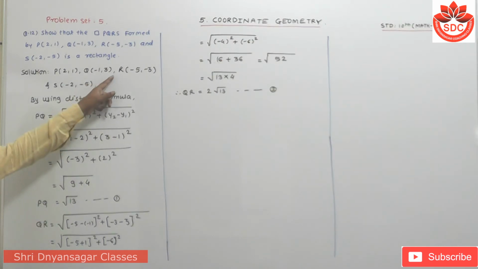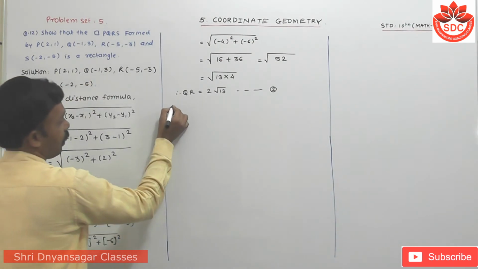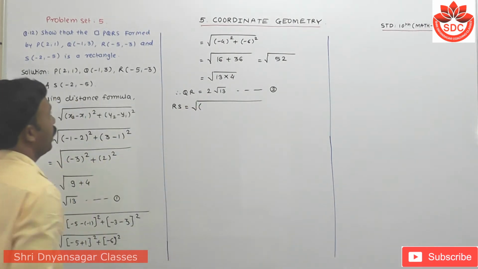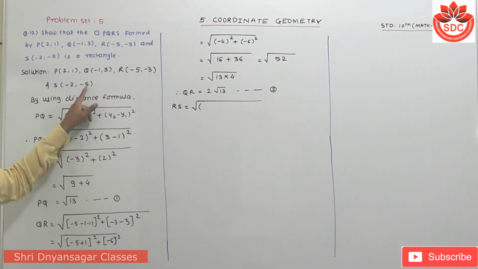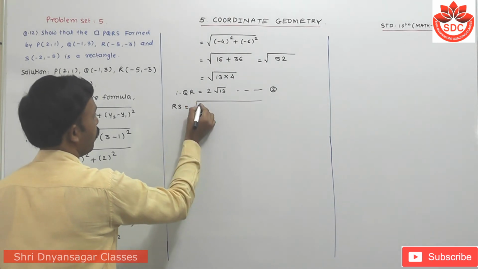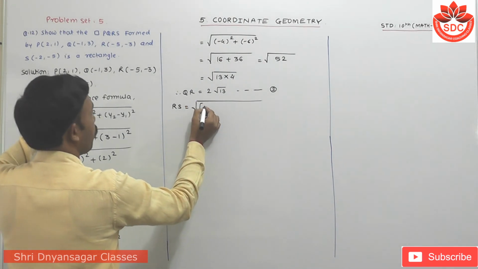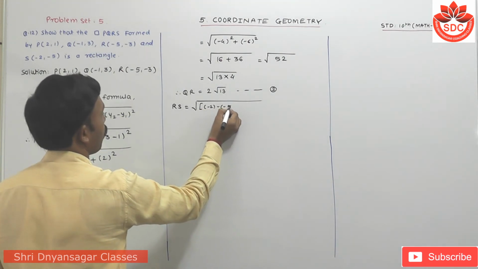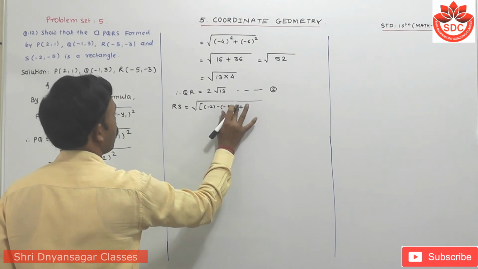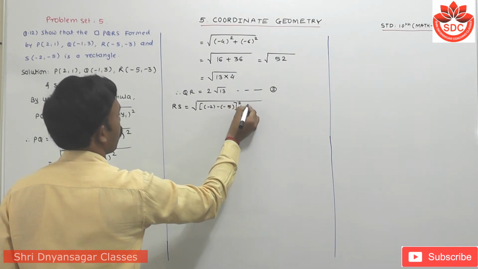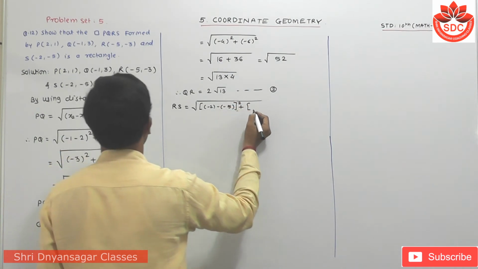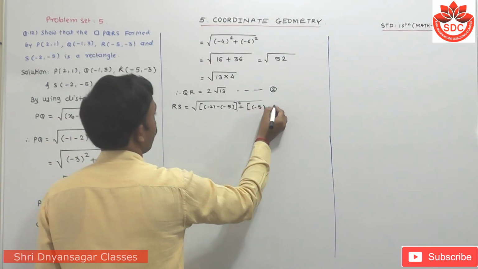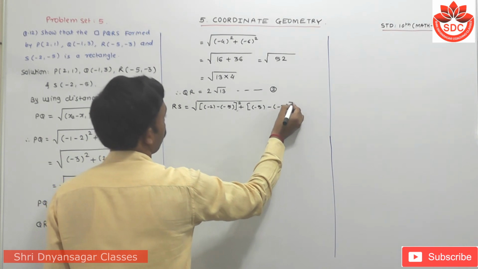Next student, we have to find out RS. RS is equal to root of, taking x1, y1, x2, y2. At that time I have to write here in big bracket: minus 2 minus minus 5 bracket square, plus in another bracket, here is minus 5 minus minus 3 bracket square.